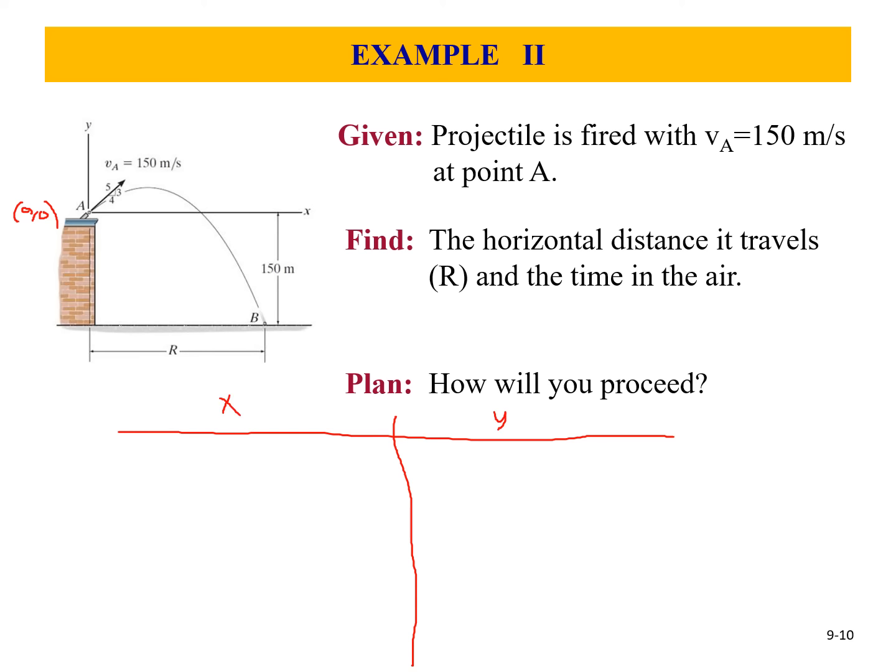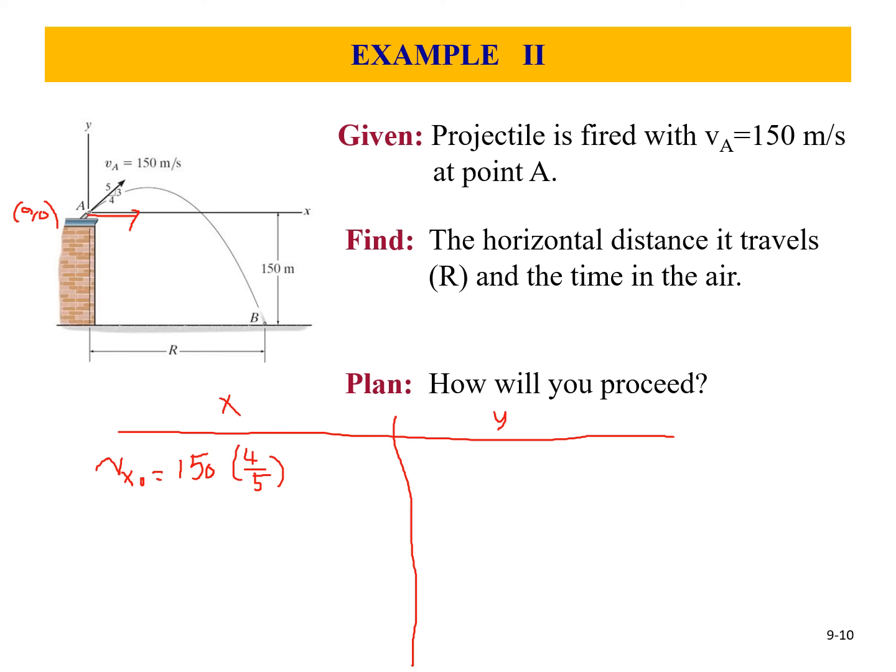So vx0 equals, that's 150, right? Now, we're given a triangle, so if you would like to find the horizontal, you multiply by 4 divided by 5, correct? So that will give you the horizontal component.